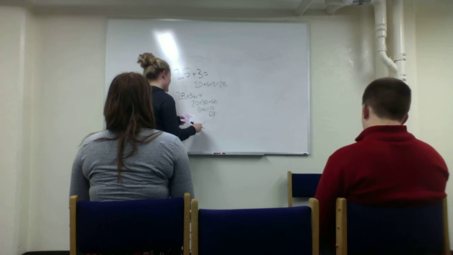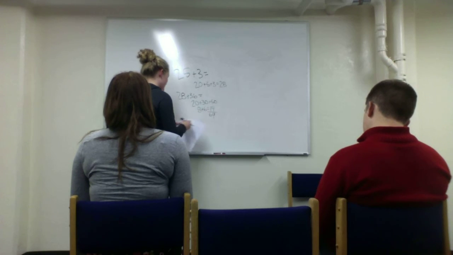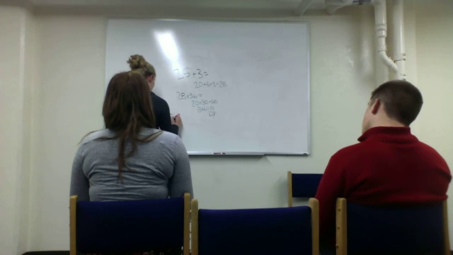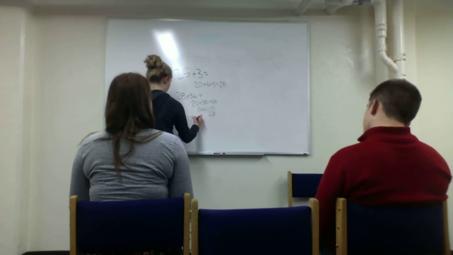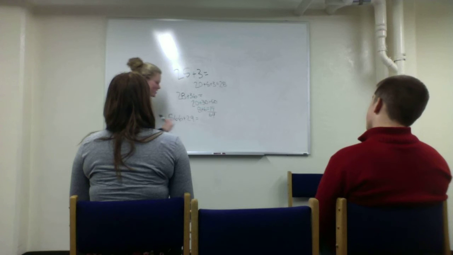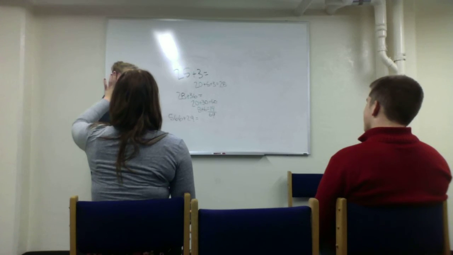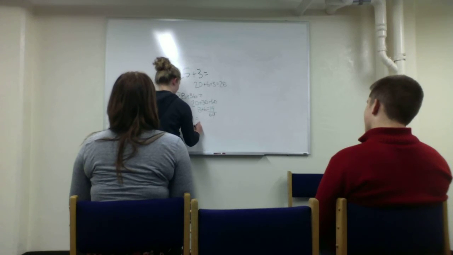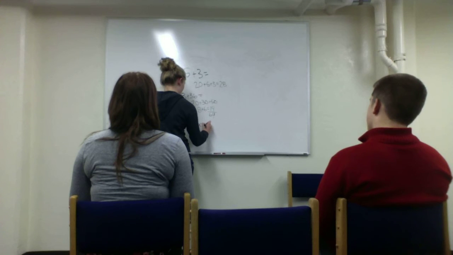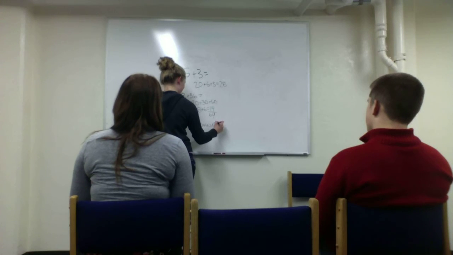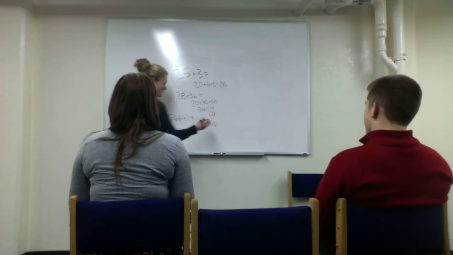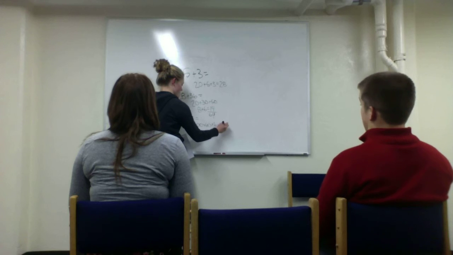Okay. So with even bigger numbers, we could do this again. If I did 566 plus 299, how could I break that up? Yes, 500 plus 200, 60 plus 90, and then 6 plus 9.